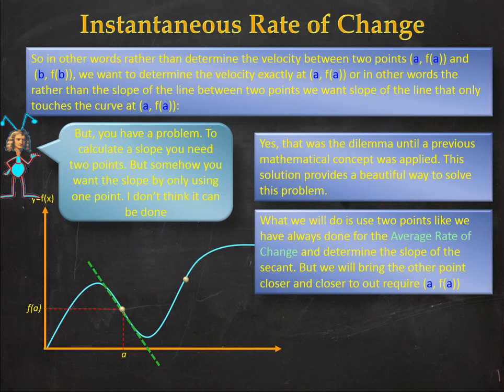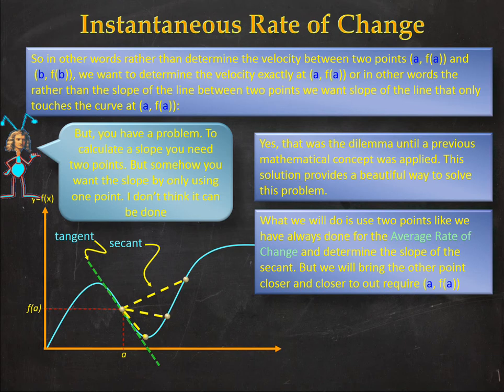We can take out our second point B, and if we calculate the slope of the line segment between this A and this B, we actually calculate the slope of the secant, the average rate of change. But if I take my point B and start bringing it in closer, you'll notice that the slope of the secant starts to approximate the slope of the tangent.